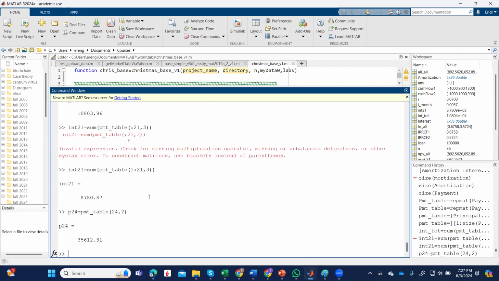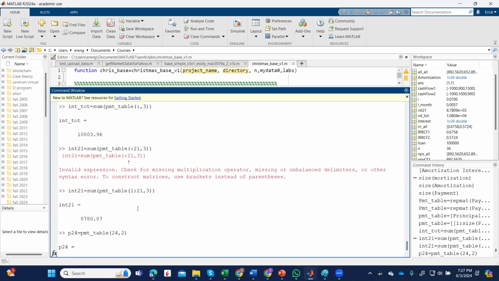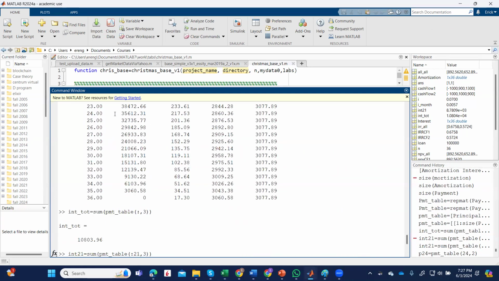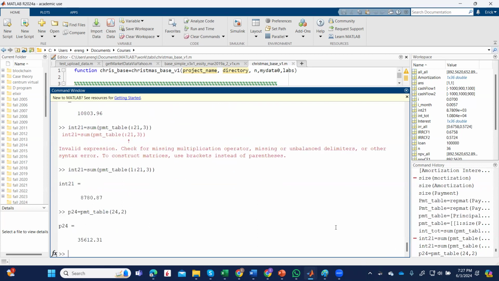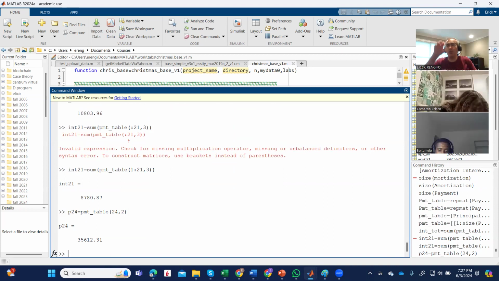Make sense, guys? This is the amount of money, 35,612. Do you agree? So you should be very comfortable now manipulating matrices, guys, knowing how to call the names and what to do. You can do whatever you want with that. You can do this in small, you can do it in large. It's exactly the same.